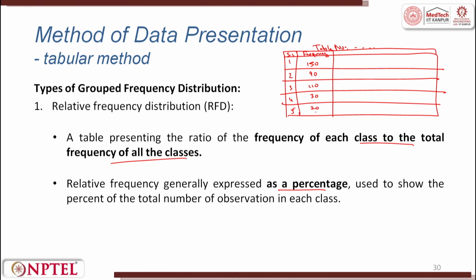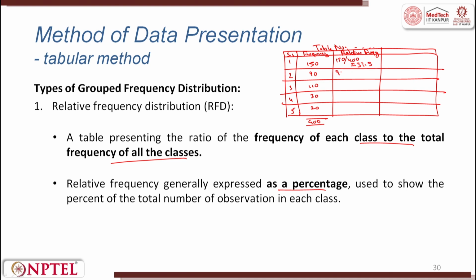To have a relative frequency distribution, I have to take the total of the values. Out of the total, I take the relative frequency. This total is 150 plus 90 plus 110 plus 30 plus 20, which is 400. So the relative frequency becomes 150 by 400, which in percentage is 37.5%.